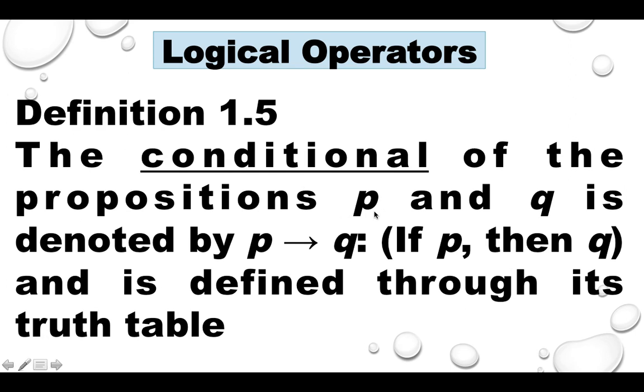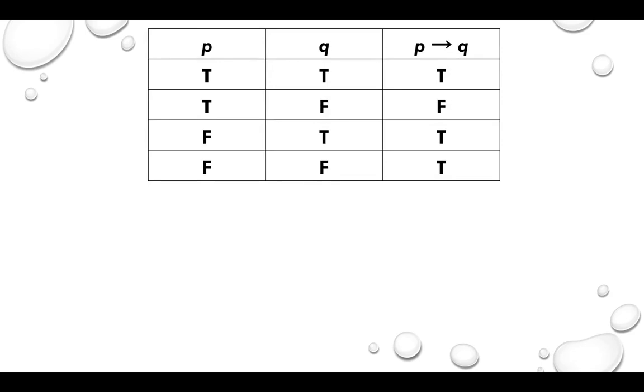Another logical operator is conditional, of the propositions P and Q, denoted by P implies Q or if P then Q. And it is defined through its truth table. So ito naman siya. Again, we have two propositions given and 4 rows for the two propositions using 2 raised to n.